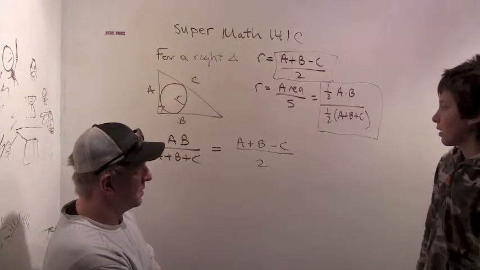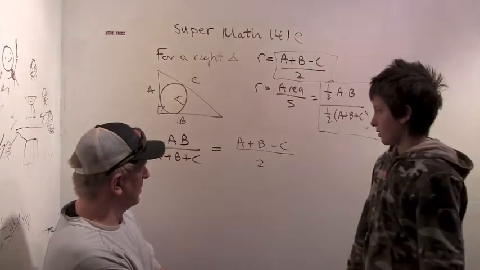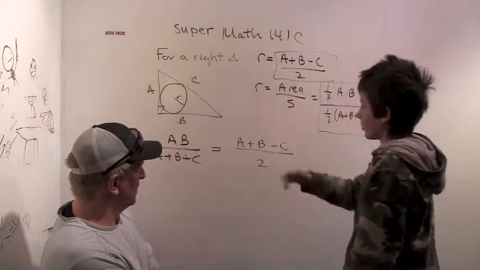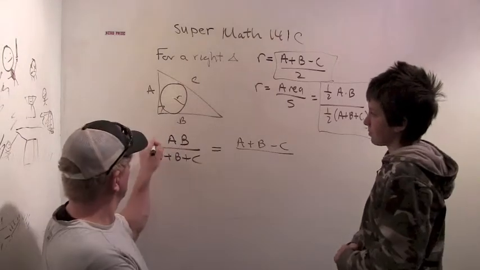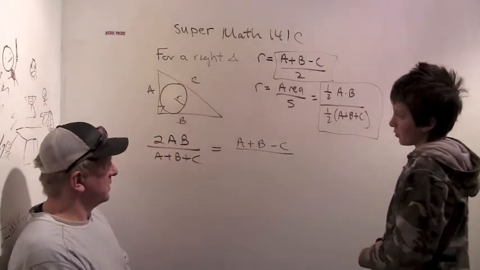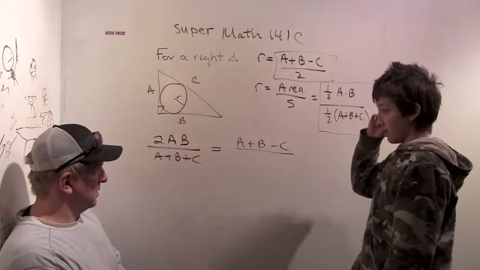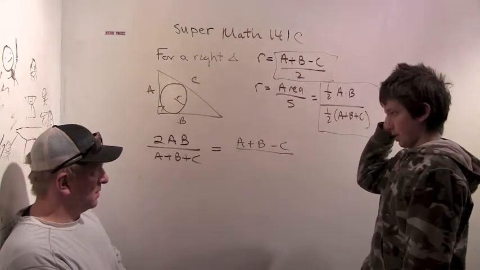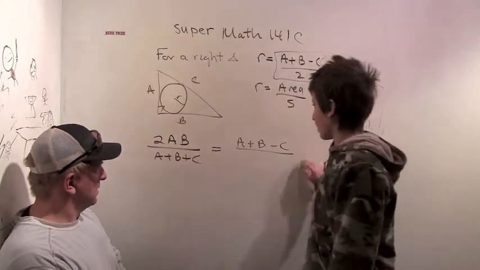Well, getting rid of the denominators seems like an interesting idea. If we multiply by 2, it's not going to be too complicated. But if we multiply A plus B plus C times A plus B minus C, that might get complicated, because we multiply by this to clear the denominators.